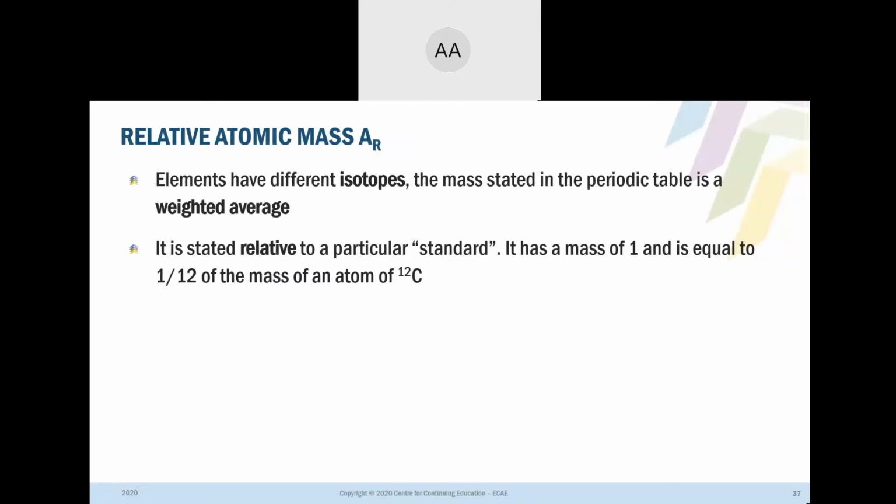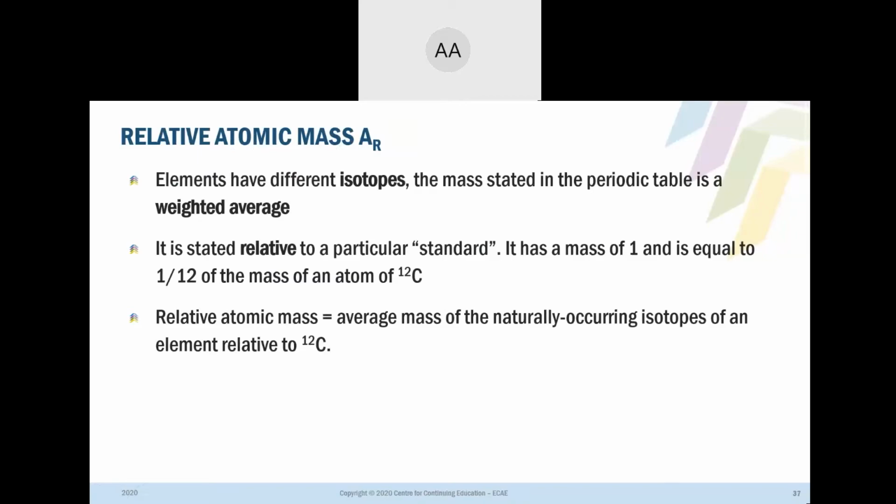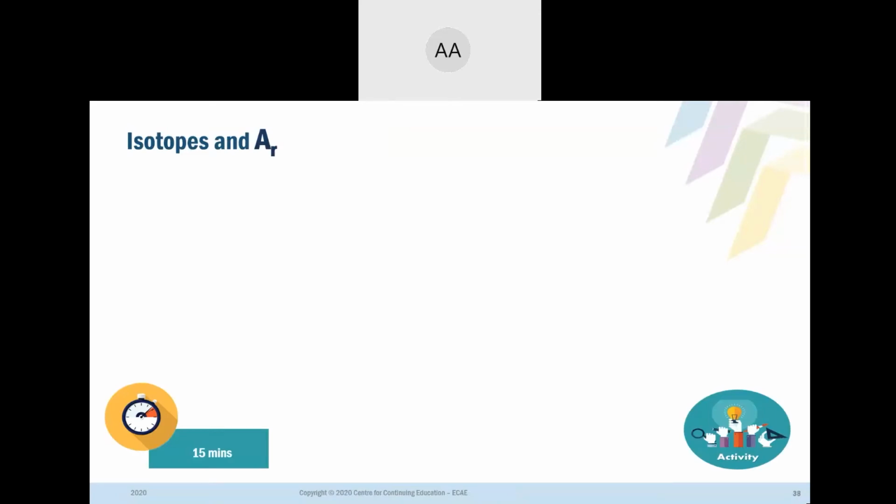That standard is, of course, that a mass of 1 is equal to 1/12 of the mass of an atom of carbon-12. Good old carbon-12. So relative atomic mass is equal to the average mass of the naturally occurring isotopes of an element relative to carbon-12.